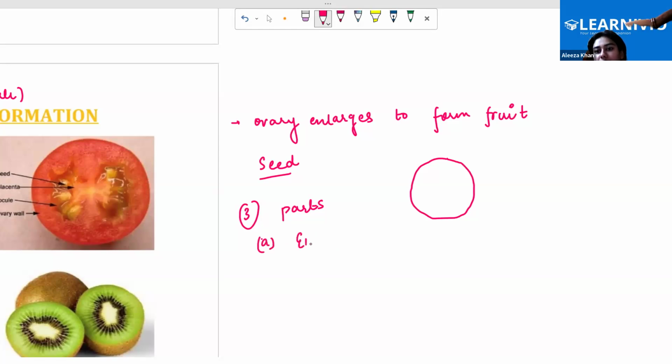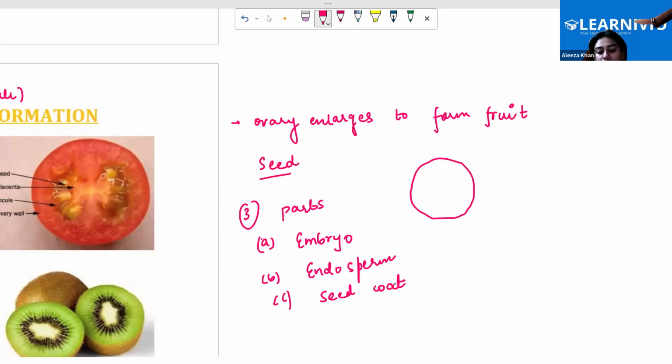The parts of the seed? It's embryo. Okay. Zygote? No, zygote is not a part of a seed. I'm talking about the parts of a seed. Oh, embryo is there, endosperm is there, and the outside part which is covering it is the seed coat.